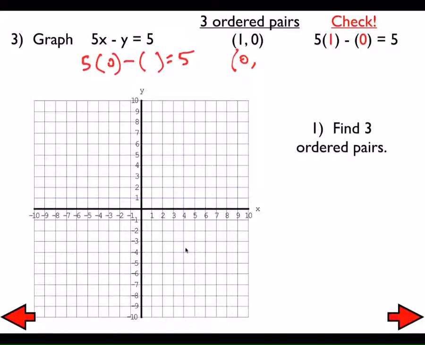Noah? 5 times 0 is 0. Minus something has to be positive 5. -5, yes. Because negative 5 would make positive 5. So my y would have to be -5. See that?